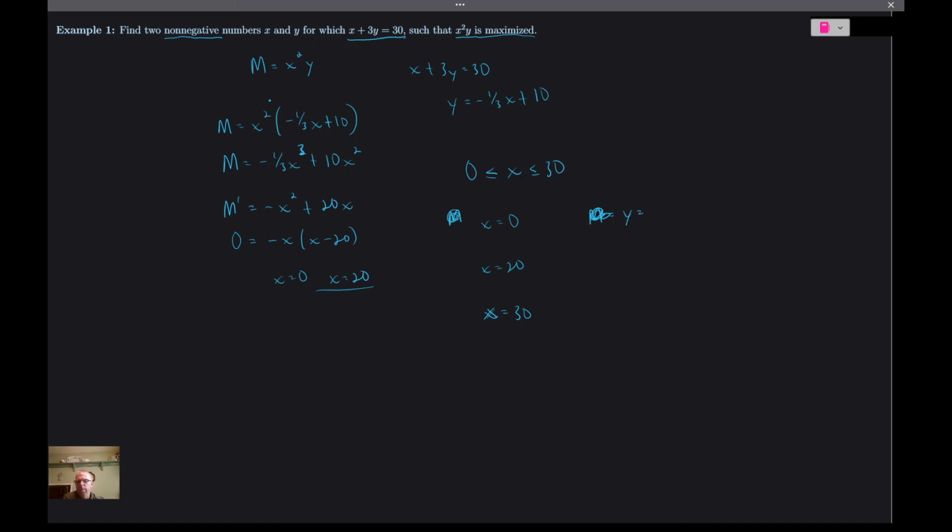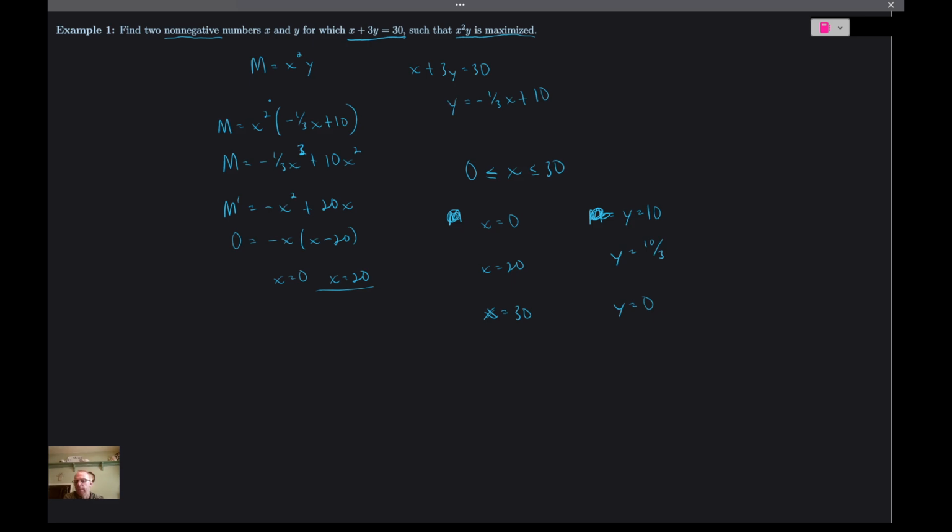So plug that into here. If x is 0, y is 10. If x is 20, then y is going to be 10 minus 20/3, so that would be 10/3. And then if x is 30, then y is going to be 0.